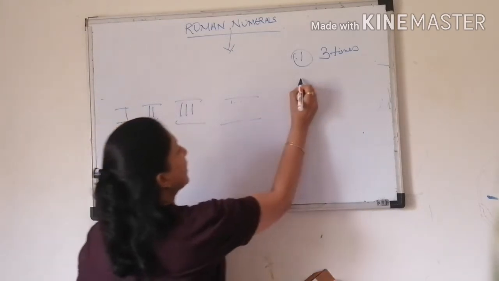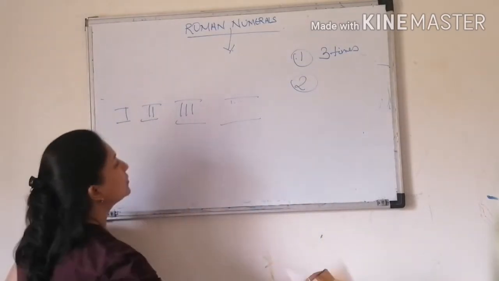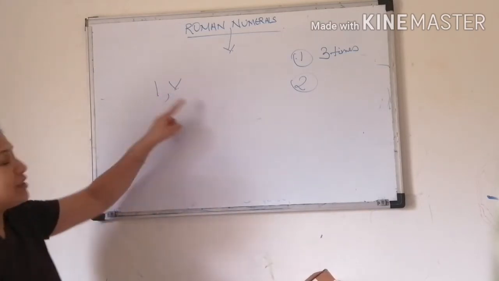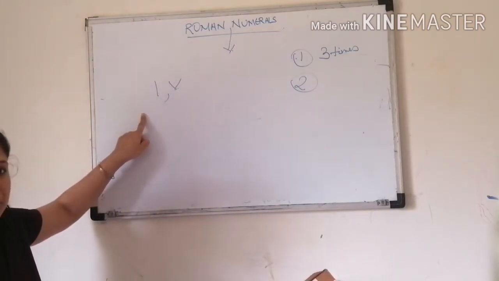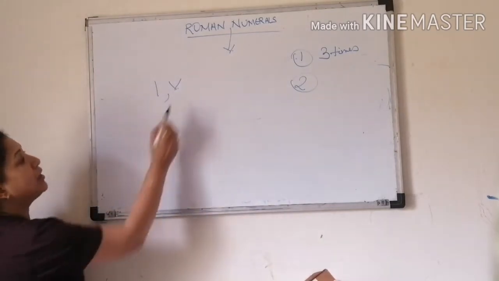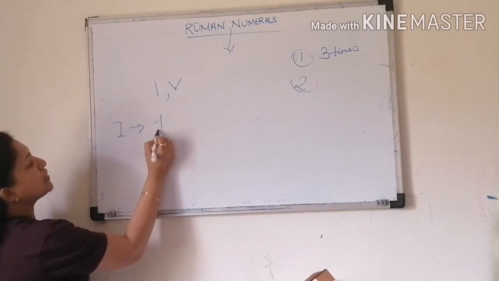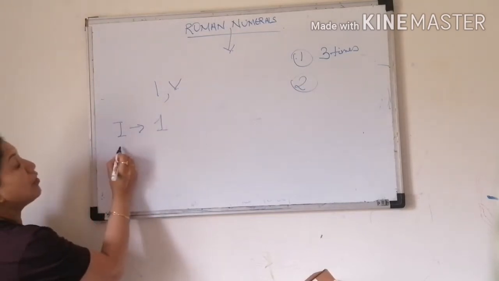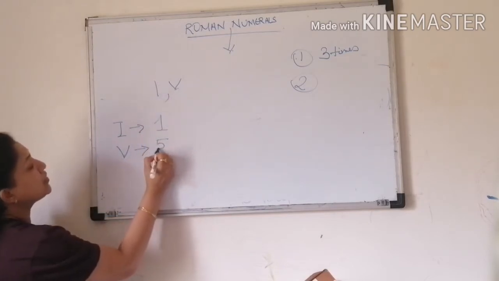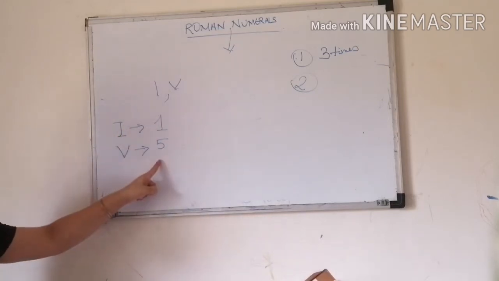First rule. The second rule is, suppose you take the numbers 1 and 5. These are 2 numbers we use for Roman numbers. So the second rule says that if the smaller number, here which one is smaller? I is used to represent digit 1 of Hindu-Arabic form and V is used to represent digit 5 of Hindu-Arabic form. Now you compare which is greater.